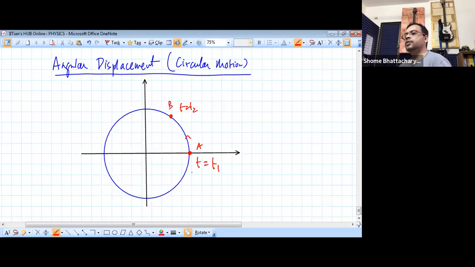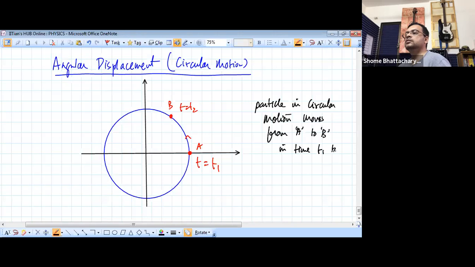So the particle in circular motion moves from A to B in time t1 to t2.